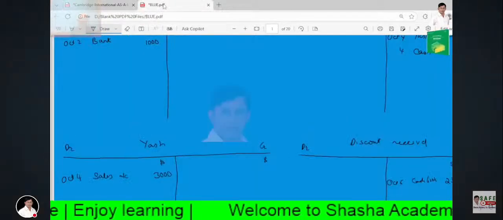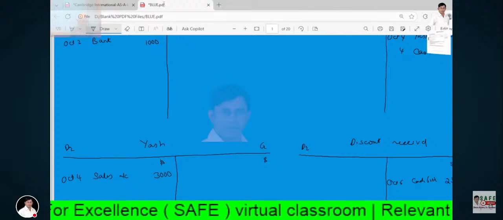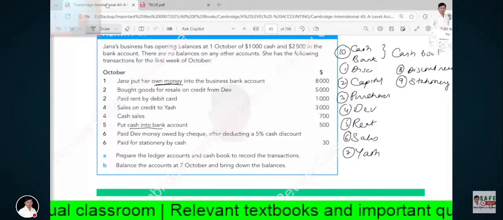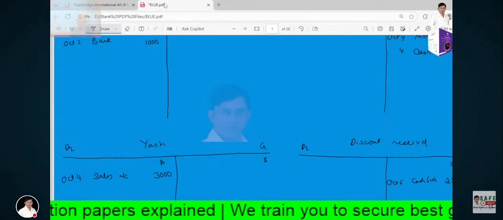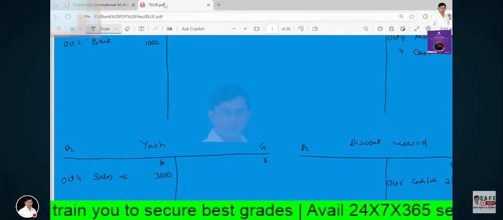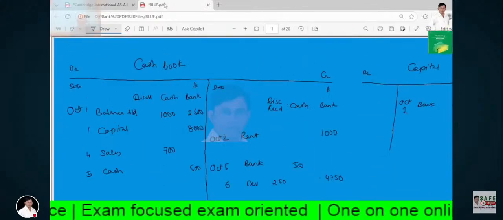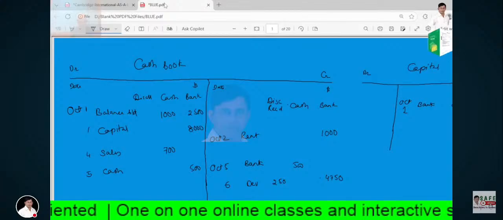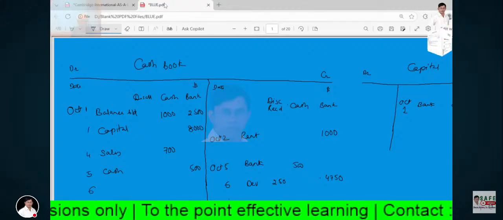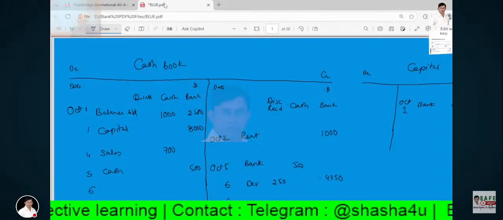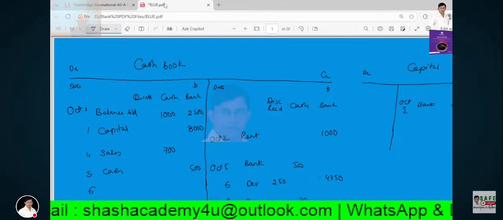October 6th, we have paid for stationery by cash, so money will go out. 30, stationery.